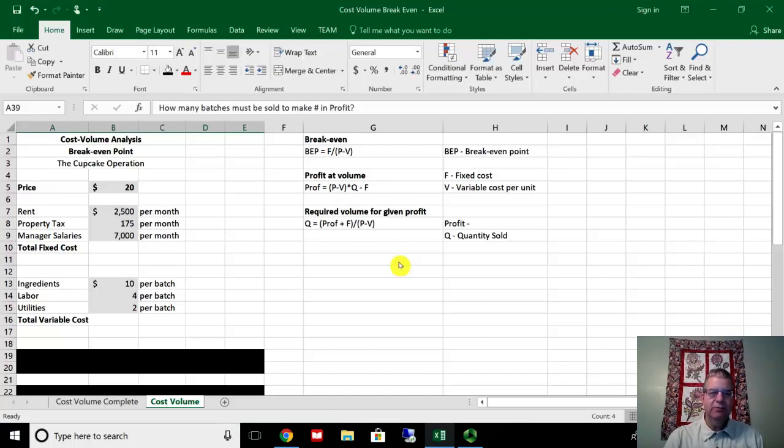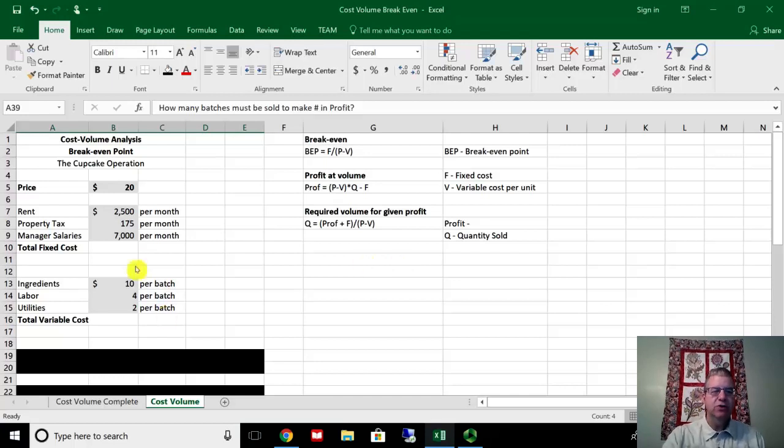Property tax is the same way. Property tax is based on the value of the property, so it doesn't change when she makes more cupcakes. And then a manager salary: we have a manager there, and that manager makes $7,000 a month. Again, it doesn't matter how many batches of cupcakes we make, the manager is salaried.